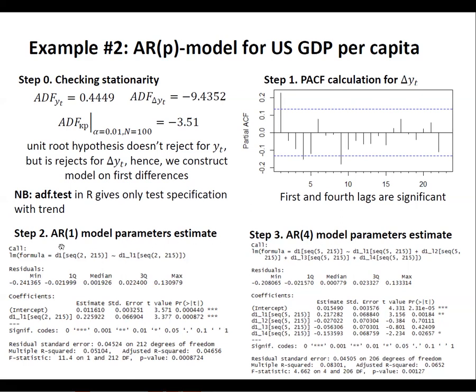Estimating AR1 using a linear model. Here we get the intercept. Here we have the coefficient A1 equal to 0.22. All coefficients are significant. And in the AR4 model, we have the first coefficient. The first lag is significant.